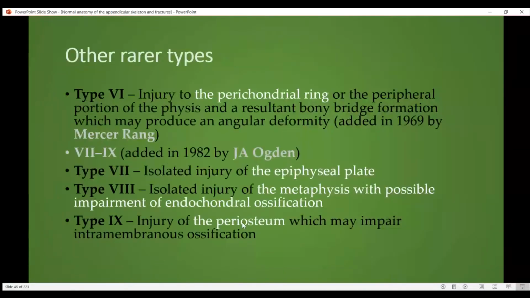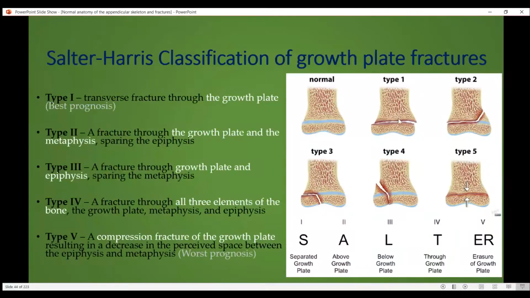Type 1 has got the best prognosis because it does not have any kind of problem related to the metaphysis. But in type 5, the resting zone is coming down and being compressed over the provisional zone of calcification and the zone of ossification. Yes or no?